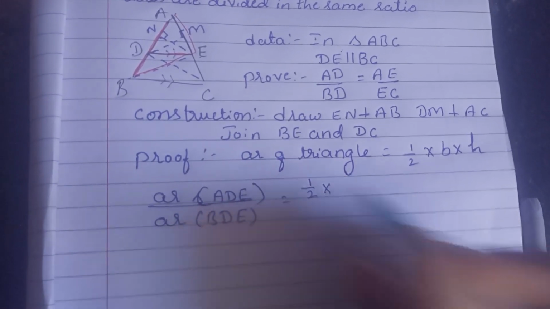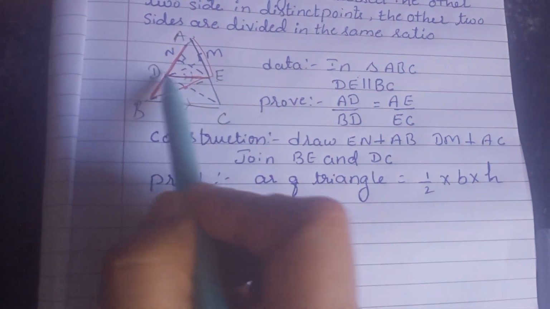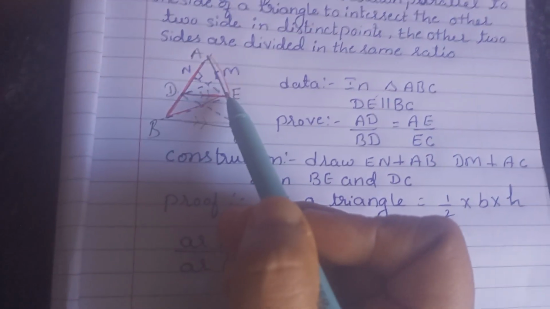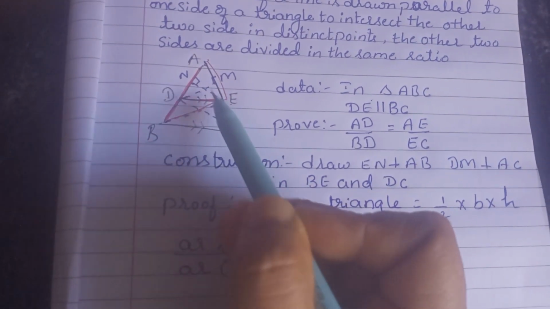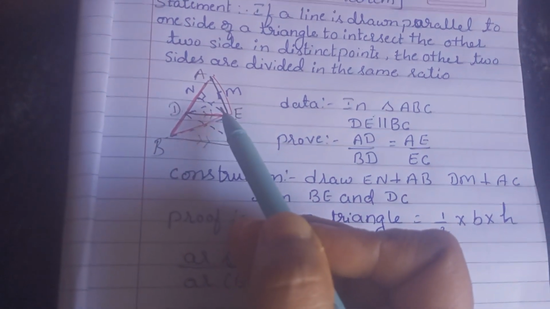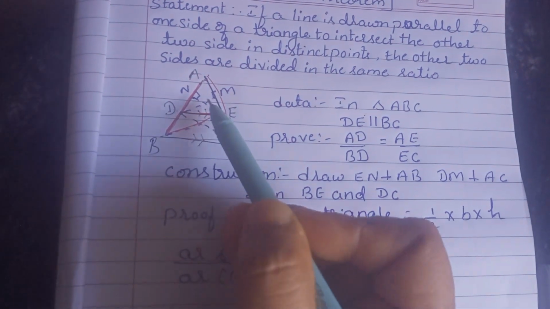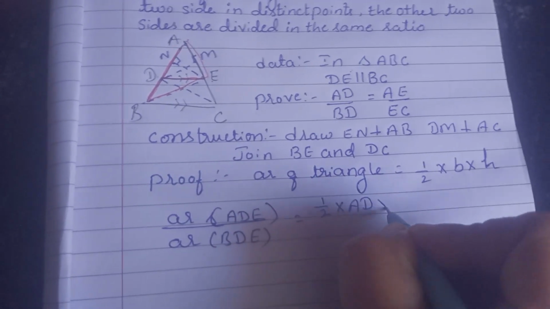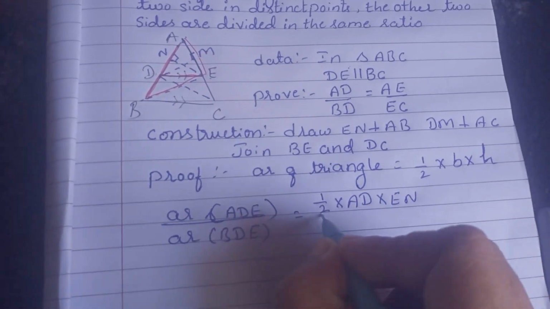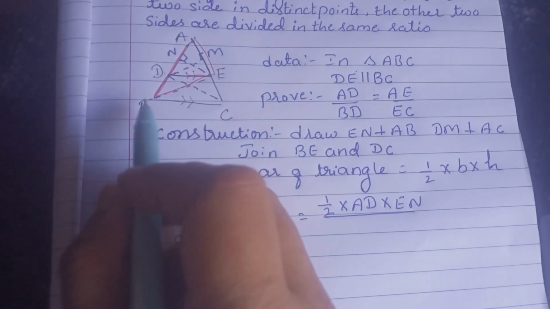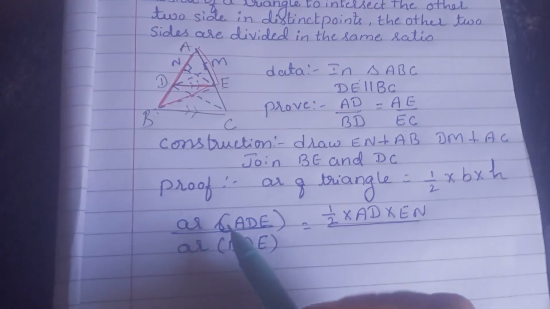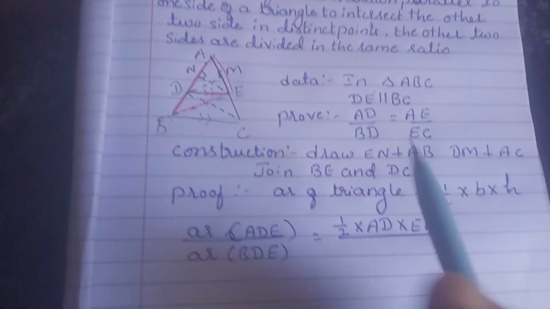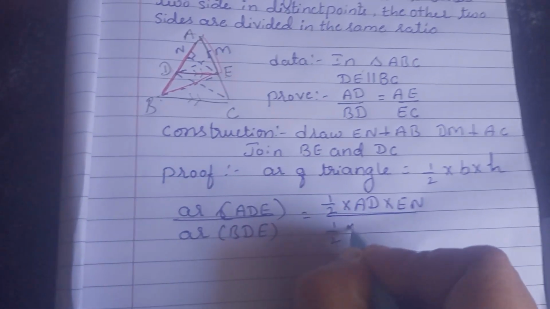So half into, in triangle ADE, AD is the base and EN is the perpendicular, because the perpendicular line is the height. Half into AD into EN. Similarly, in triangle BDE, BD is the base and EN is the height.